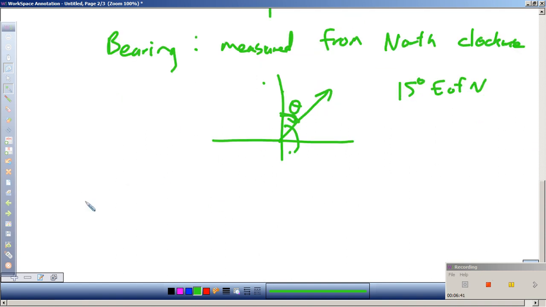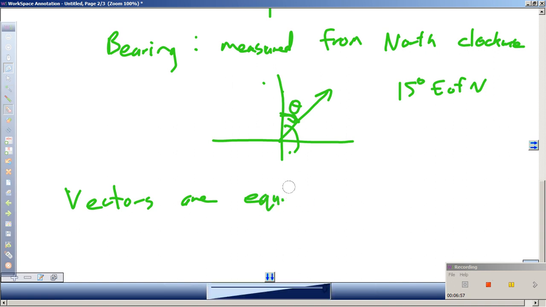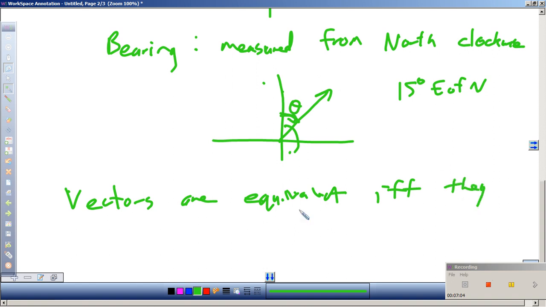So what causes vectors to be equivalent? Same length, same direction. So vectors are equivalent if and only if they have the same magnitude and direction.